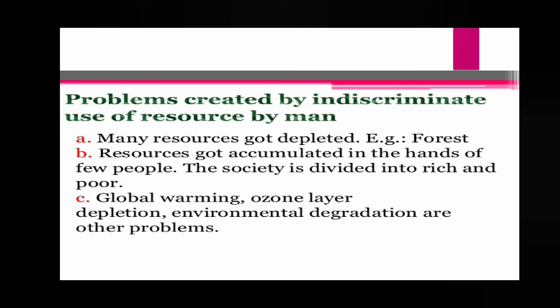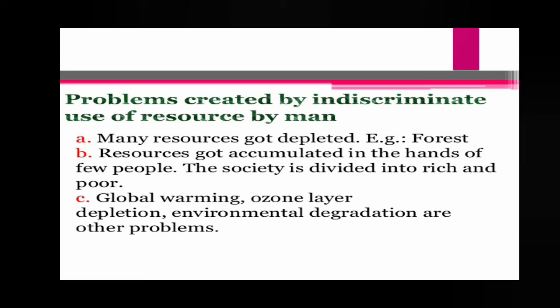Point number one, many resources got depleted. I have already told, if you are cutting down the trees, the number of trees is gradually decreasing, forest area is decreasing, that is called resource depletion. Resource depletion means decrease in the quality and quantity of resources by misuse, overuse and exploitation.